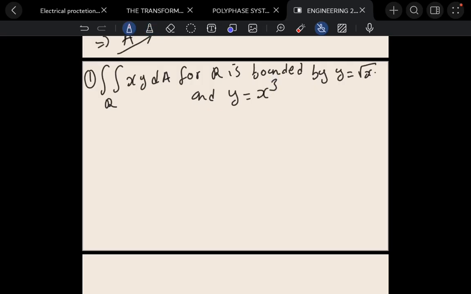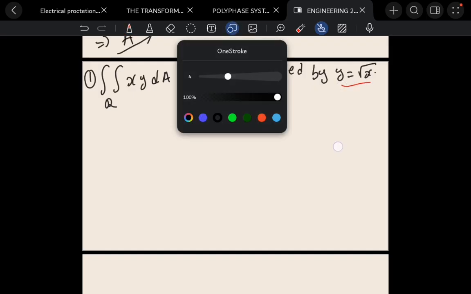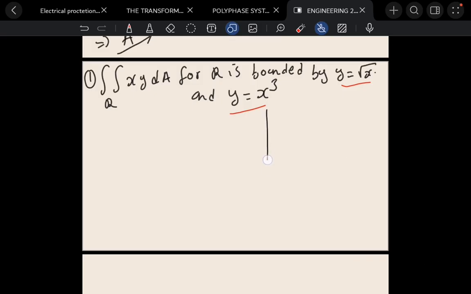Now I've given you the region in terms of equations. You need to know what equation you are dealing with. So let us draw that region.